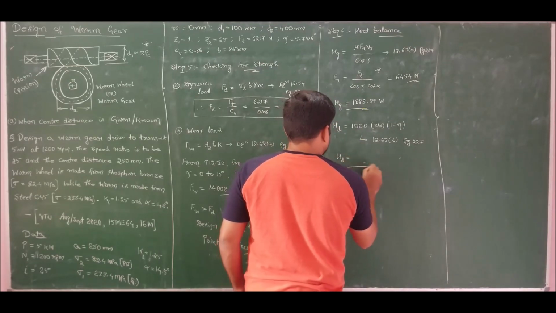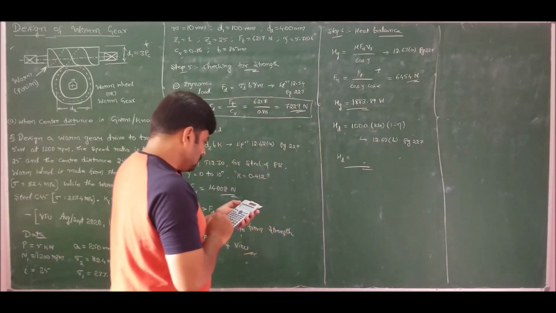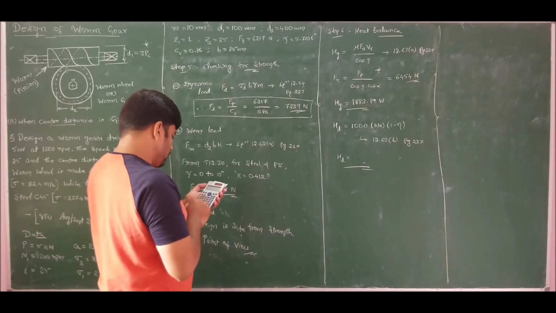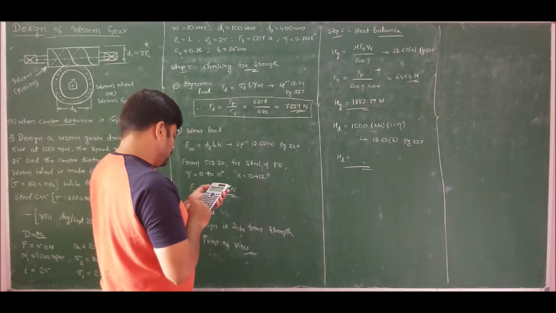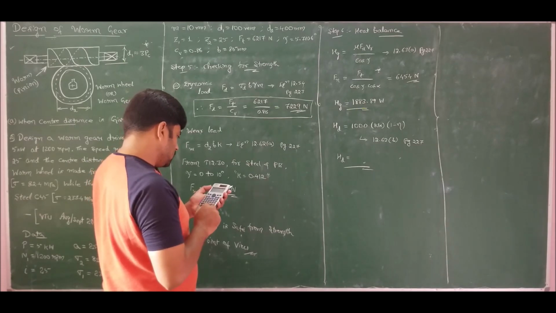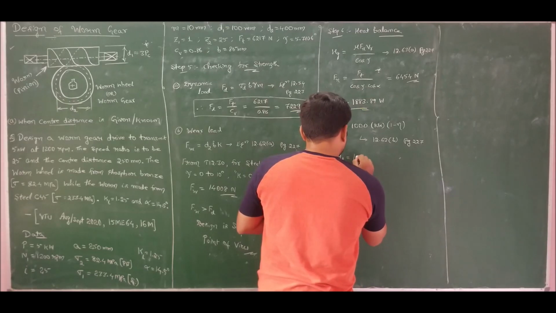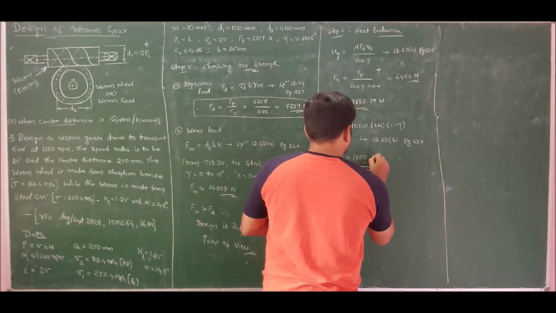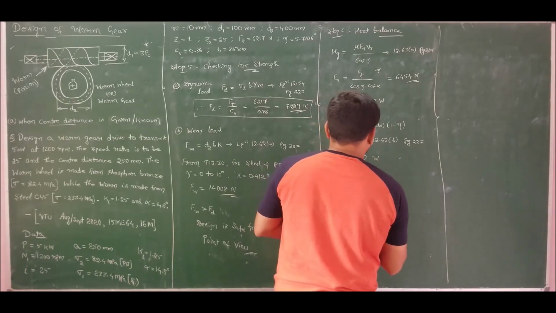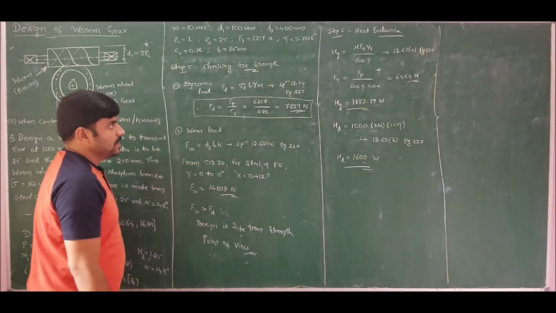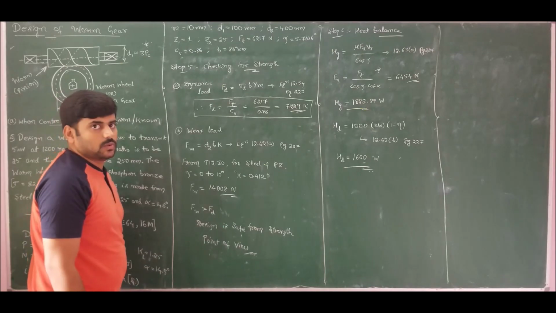So therefore heat dissipated is 1000 into power in kilowatts, which is 5 kilowatts, into 1 minus efficiency, which is 68%, that is 0.68, which is nothing but 1600 watts. So since dissipation is less compared to generation, it requires artificial cooling.